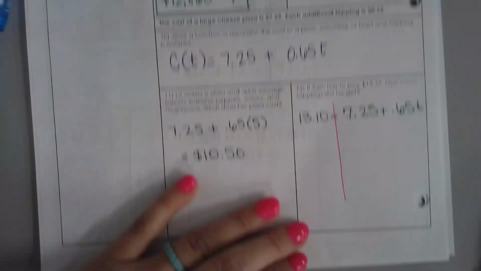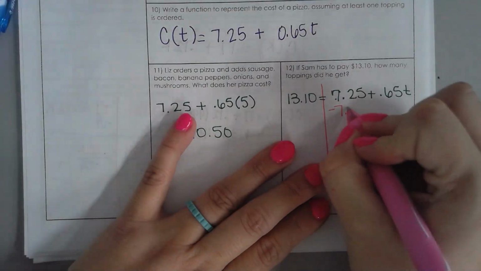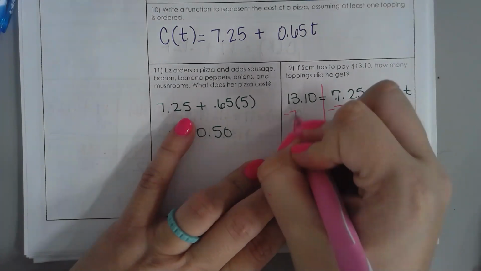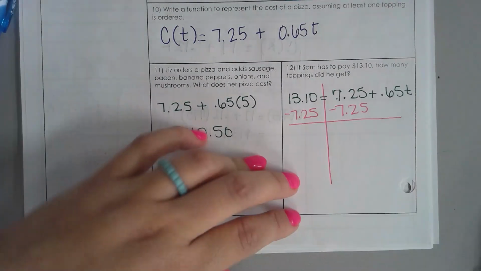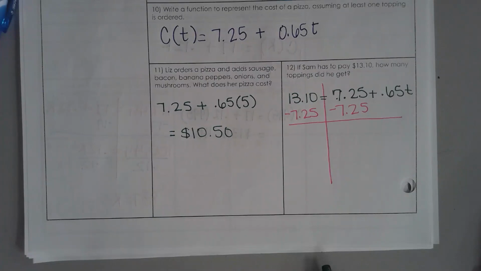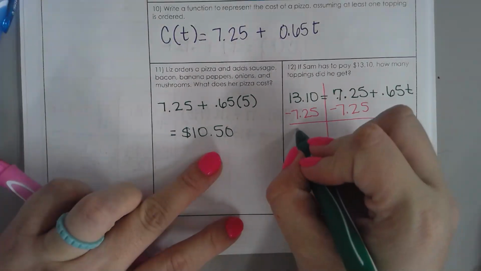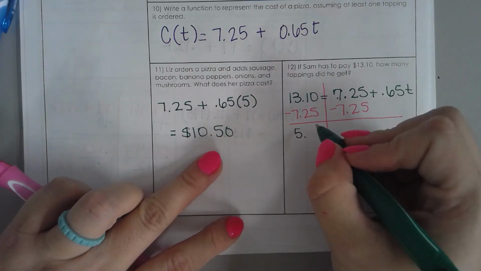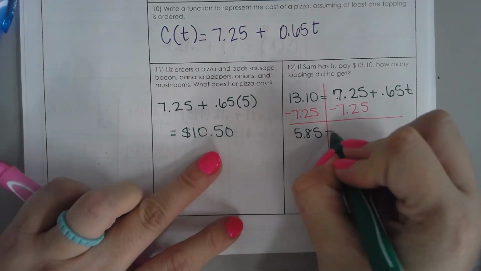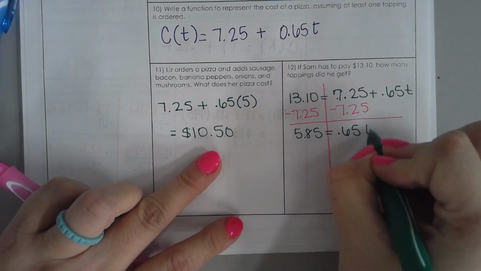Yes, you're going to subtract the number that's by itself. And Callie, what do I get when I subtract 7.25? 5.85 equals 0.65 T.